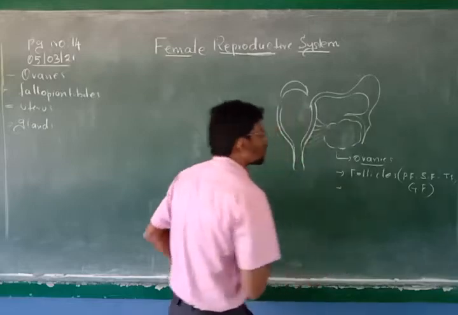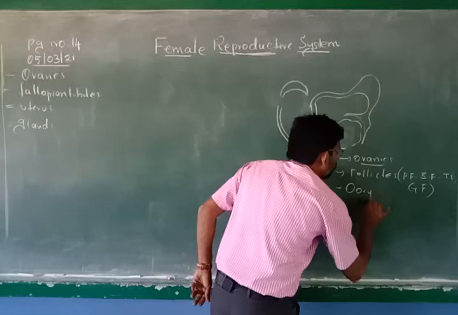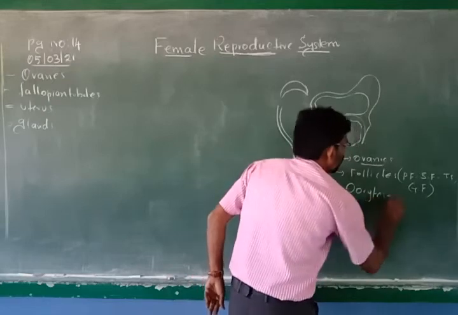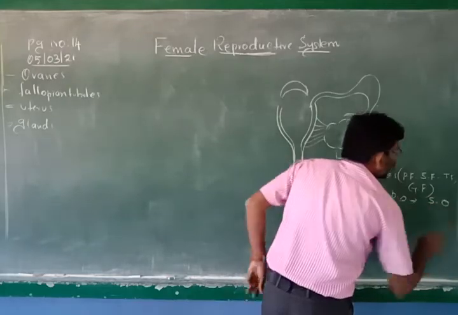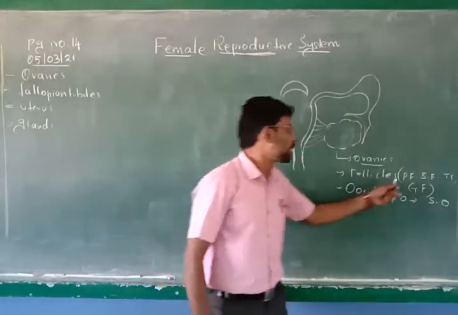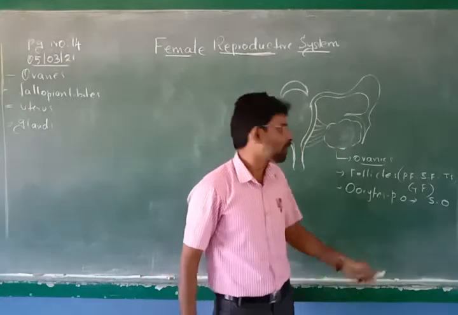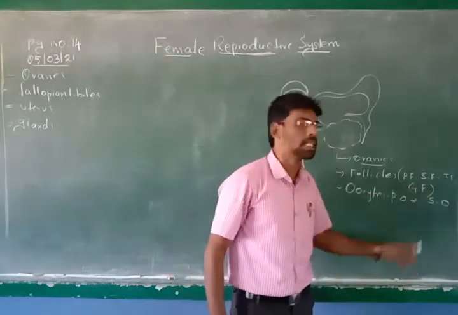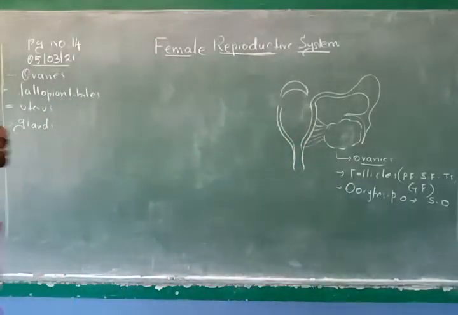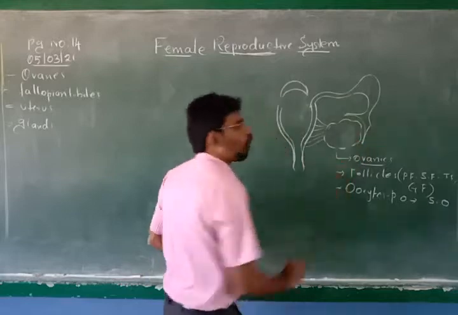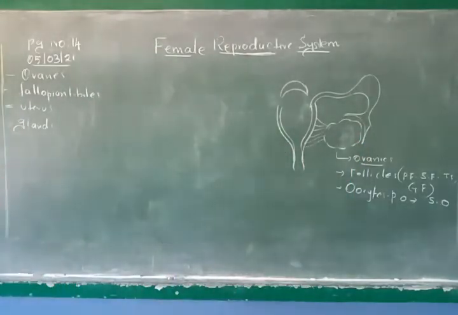Simultaneously, when the follicles develop, the oocyte is also undergoing development. The primary oocyte gets converted into a secondary oocyte. The primary and secondary follicles have the primary oocyte, and the tertiary follicle as well as the Graafian follicle have the secondary oocyte. So these two things, the development of the follicles and the oocytes, happen within the ovaries.